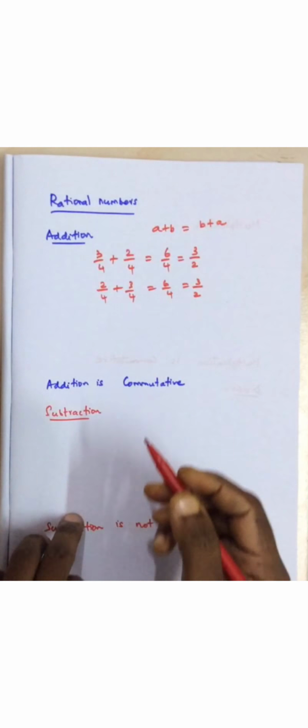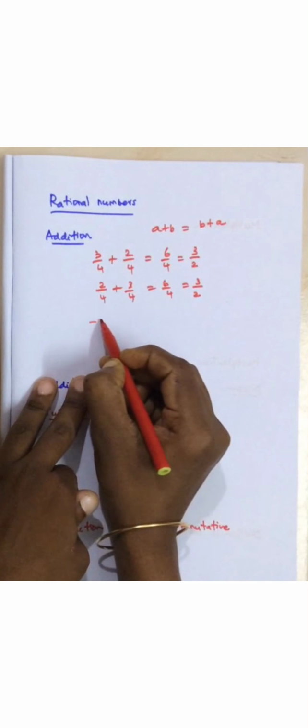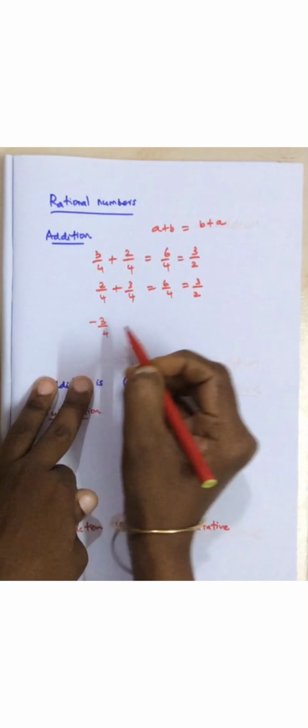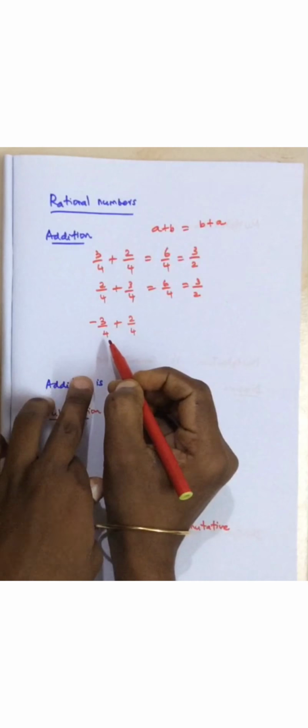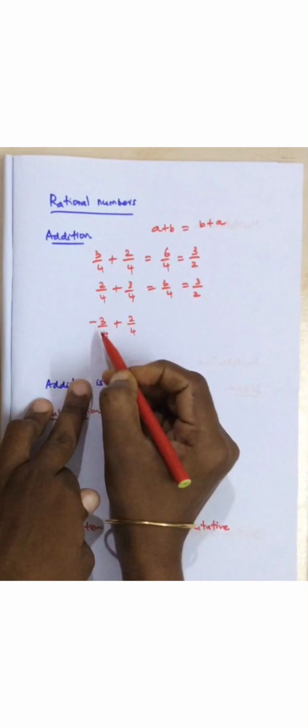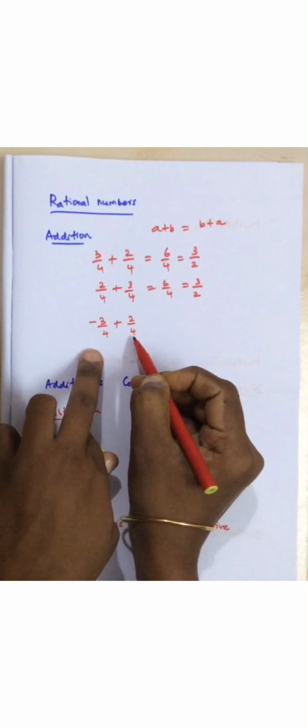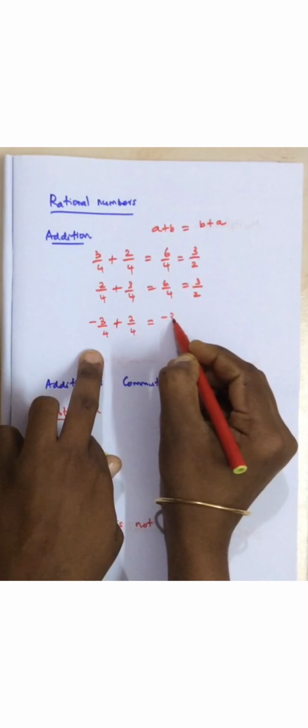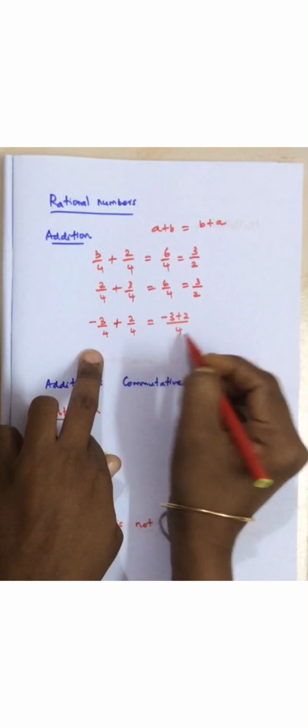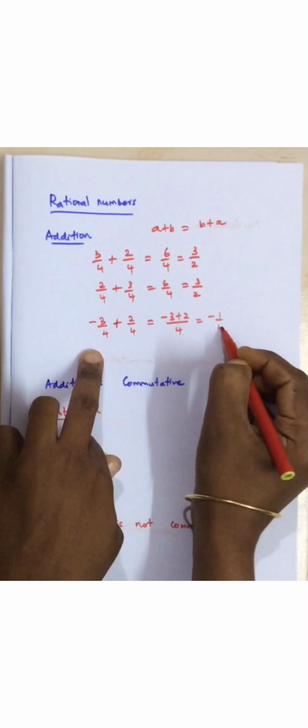You can check this even for a similar case. If you take minus 3 by 4 plus 2 by 4, here we are taking a negative rational number minus 3 by 4 and adding it to a positive rational number 2 by 4, which will give minus 3 plus 2 by 4, which is minus 1 by 4.